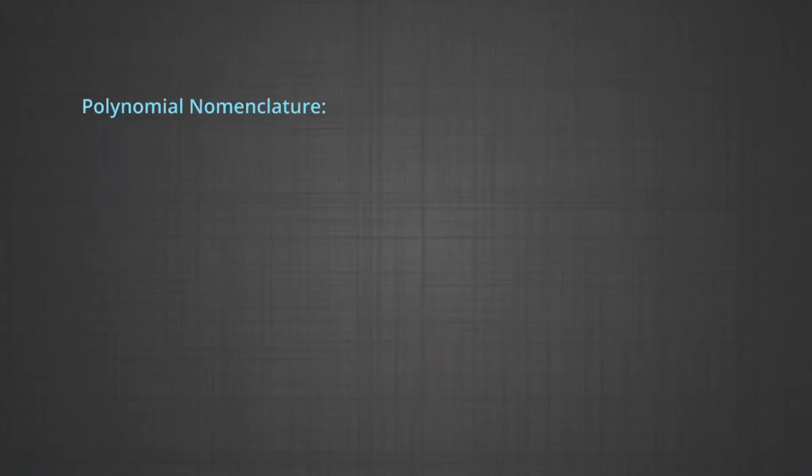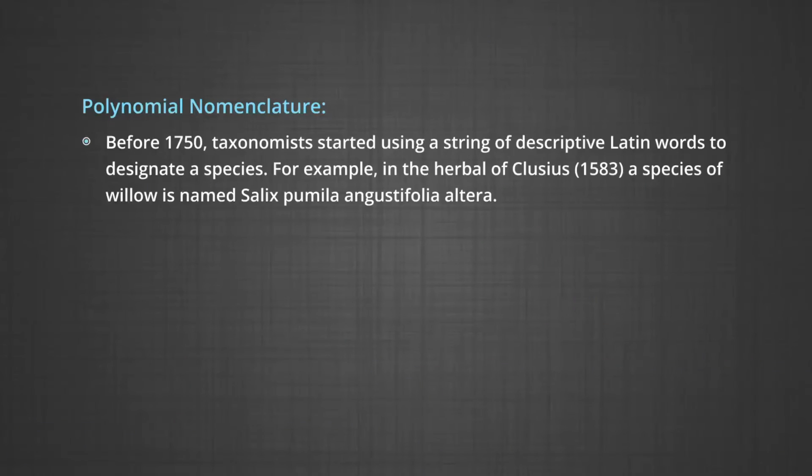Later, in the hunt for one common internationally accepted name of a species, scientific names have been introduced in the form of polynomial, binomial, and trinomial systems of nomenclature. Polynomial nomenclature. Before 1750, taxonomists started using a string of descriptive Latin words to designate a species.